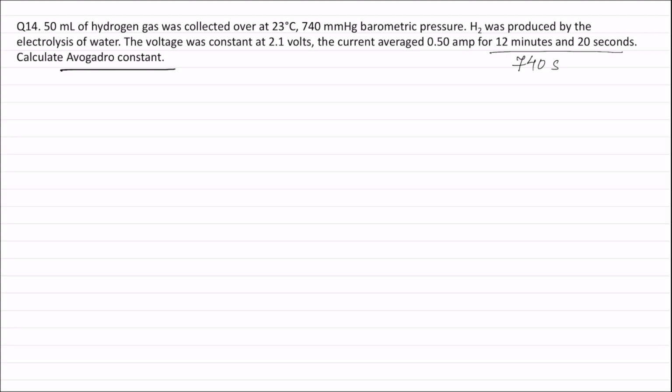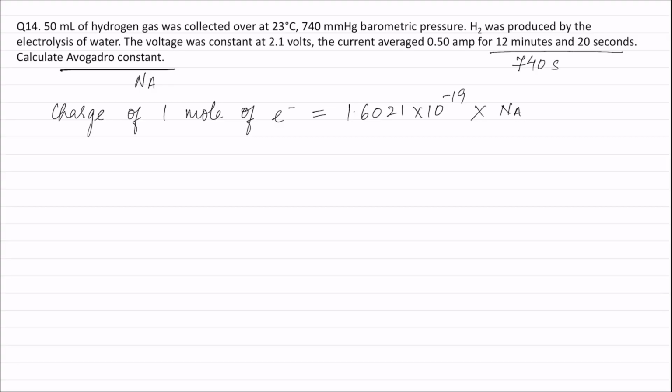Avogadro's constant can be denoted by Na. Now charge of 1 mole of electrons is equal to charge on 1 electron, that is 1.6021 into 10 to the power minus 19, into Avogadro's constant, which can be written as Na. Now in this question, to find the number of moles of electrons, first the number of moles of hydrogen has to be calculated, and this can be done applying the equation PV is equal to nRT.